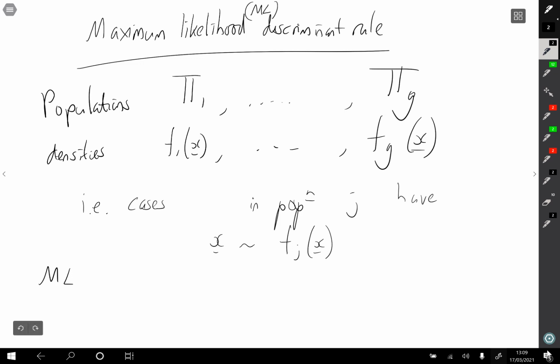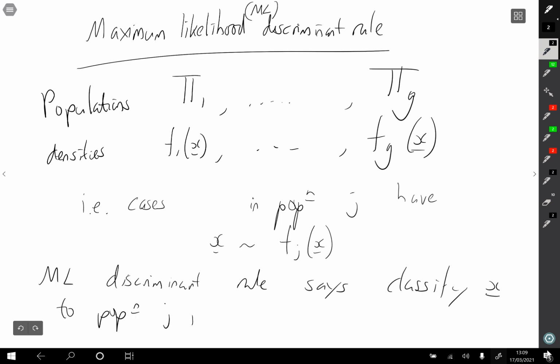So the ML decision rule, the maximum likelihood discriminant rule, says classify observation x to population j if fj of x, the likelihood of observing x if it's in population j, is bigger than fi of x for i not equal to j.